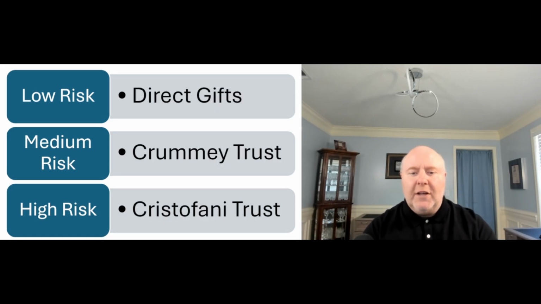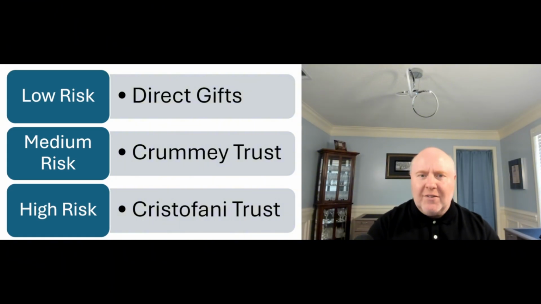Now, when you start getting to the Crummey trust, the Crummey trust isn't particularly advanced, but there is a medium risk with the Crummey trust. You're dealing with people that have to have that withdrawal power. They usually have to have the 30-day or more withdrawal powers on that. So you start to have medium risk that it might be contested when they see something like a Crummey trust.